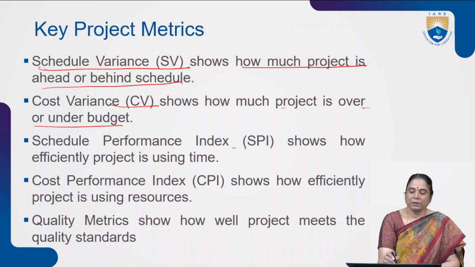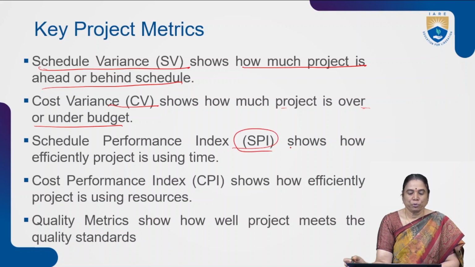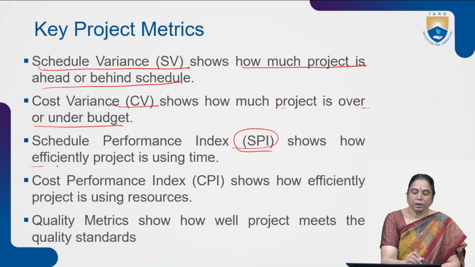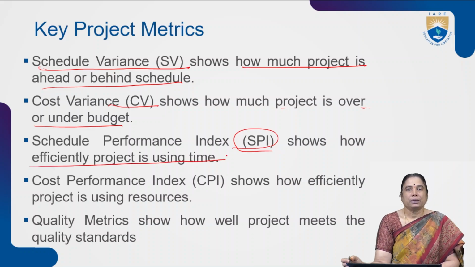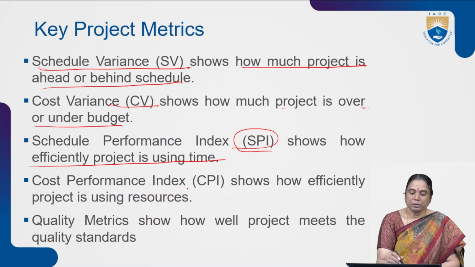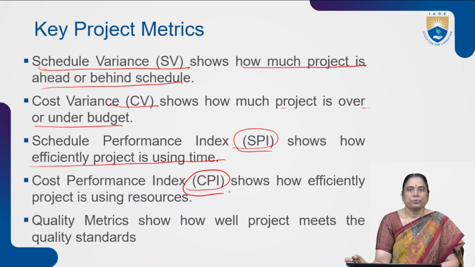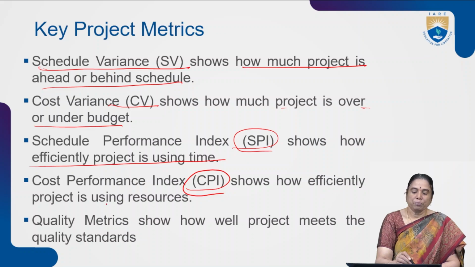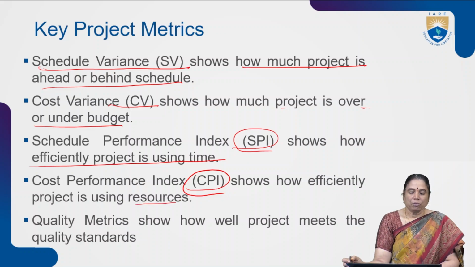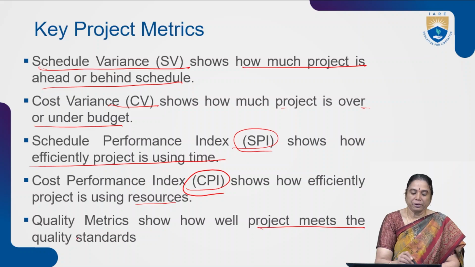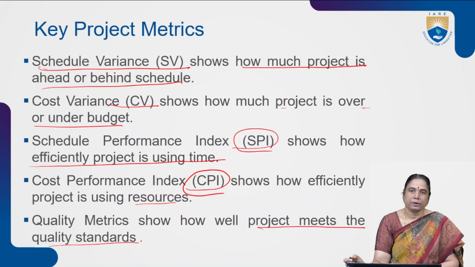Schedule performance index, SPI, shows how efficiently the project is using time. Cost performance index, CPI, shows how efficiently the project is using resources. Quality metrics show how well the project meets quality standards like CMM, ISO, and Six Sigma.